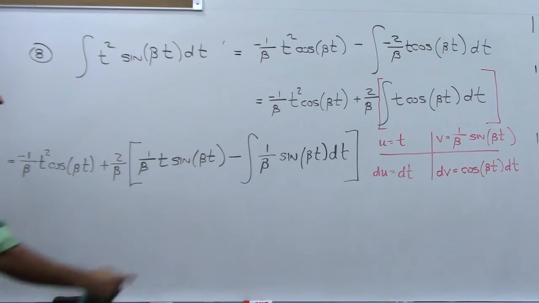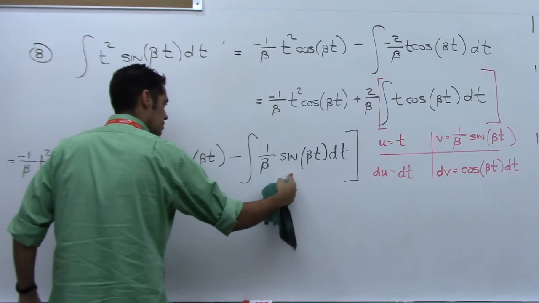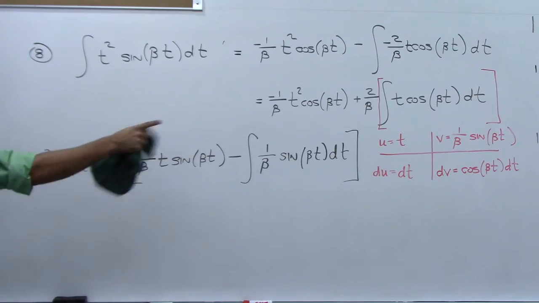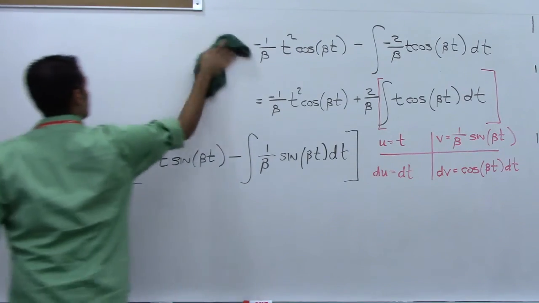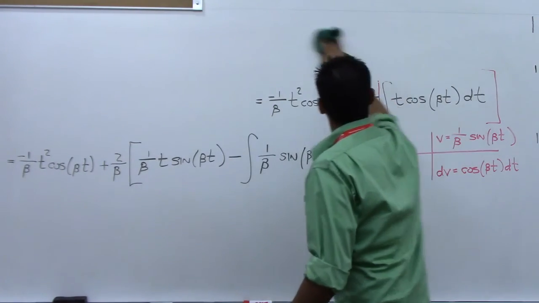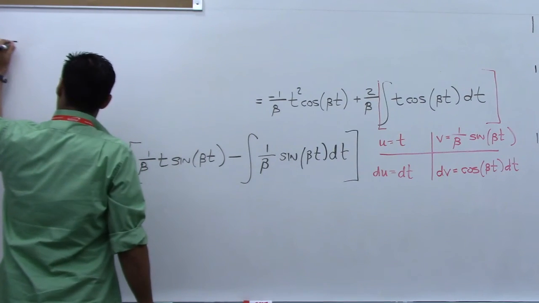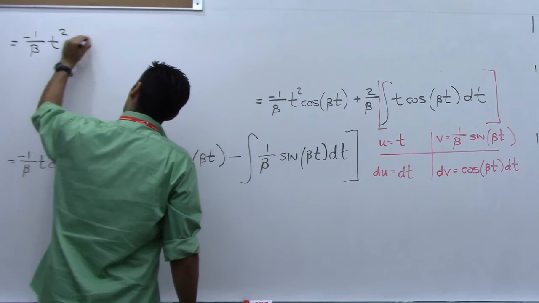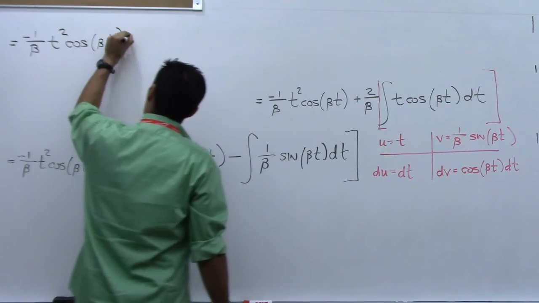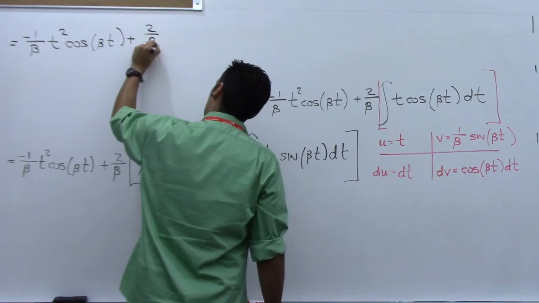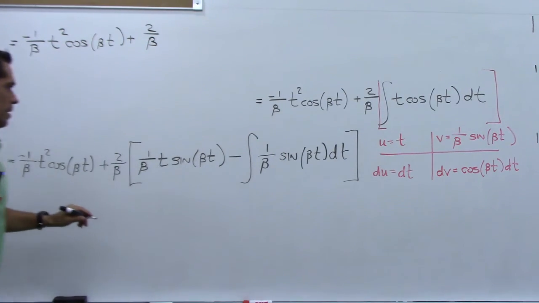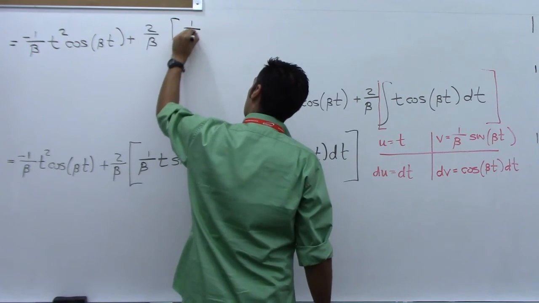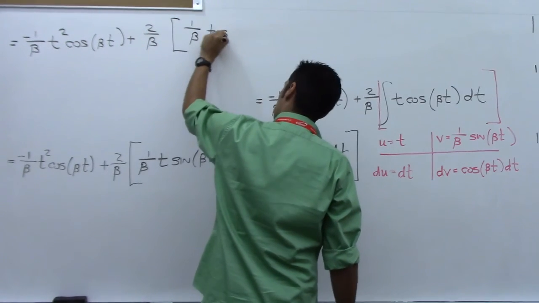So what I'll need to do is now find the antiderivative of this, which should be pretty clean because there's no more t here. And then I'll distribute the 2 over beta through, and be done. So negative 1 over beta t squared cosine beta t plus 2 over beta, 1 over beta t sine beta t.